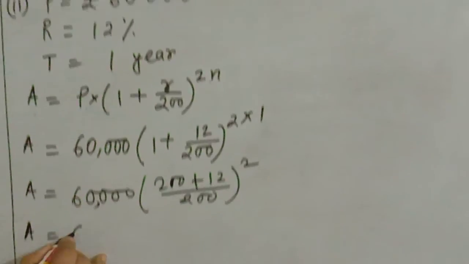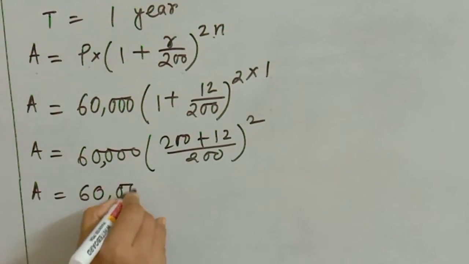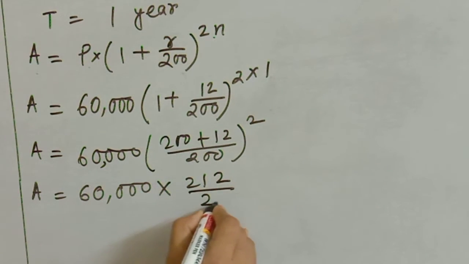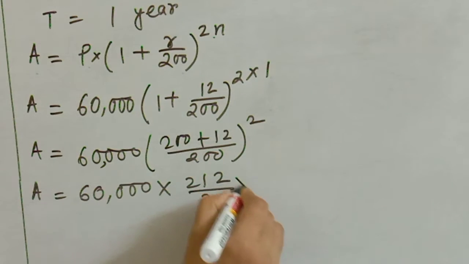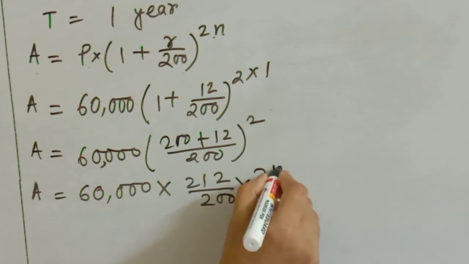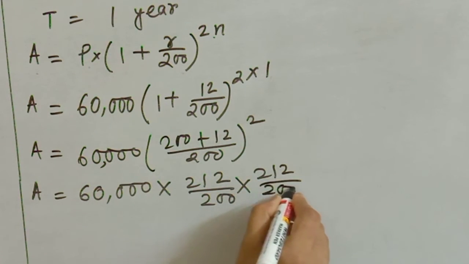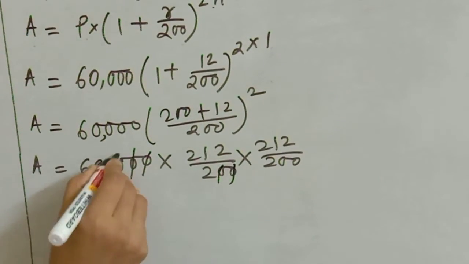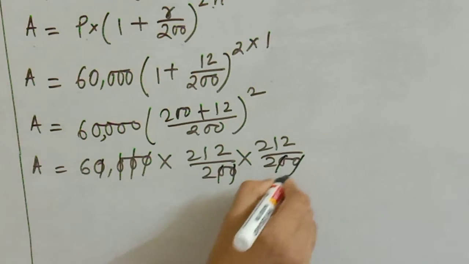Amount is equal to 60,000 into 212 by 200, and you can see it is 2 times, so 212 by 200.